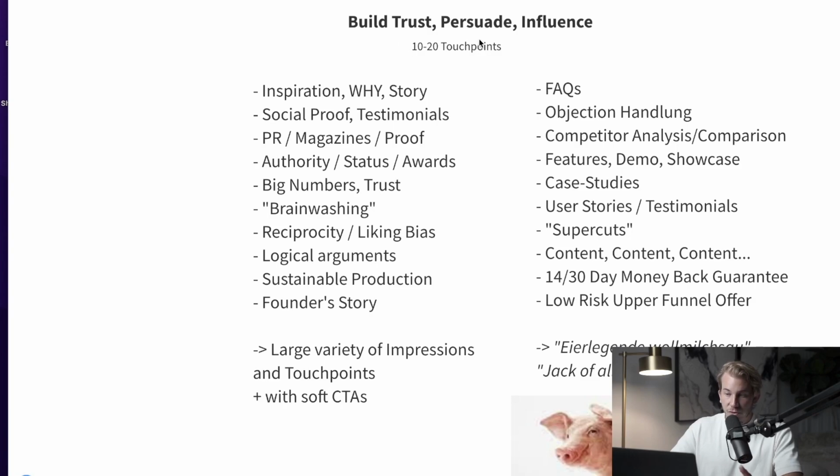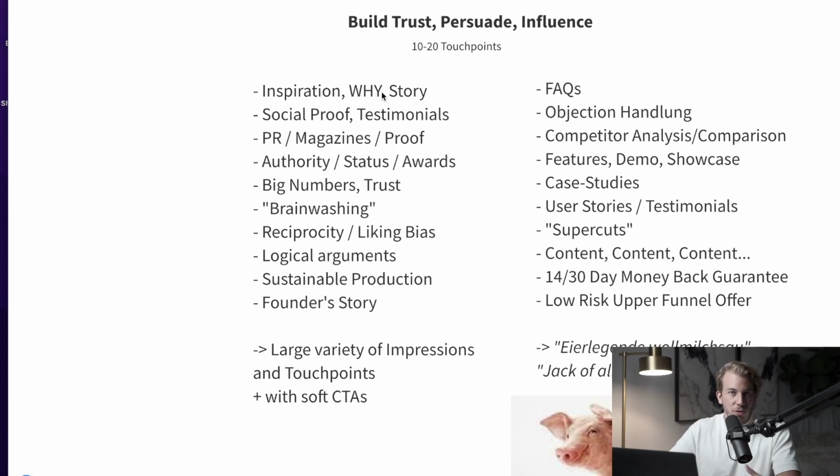So 10 to 20 different touch points. These are different ads that we create that all show one specific thing, sometimes two, but mostly one aspect of your brand, of your product, so that the customer understands it and they get it. They should know your story.